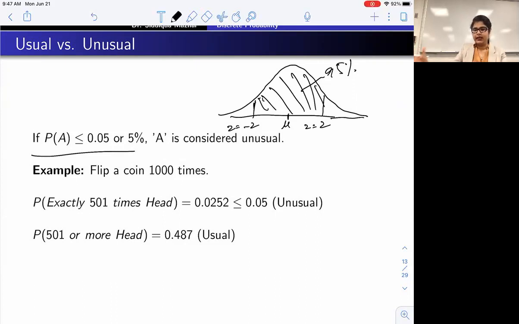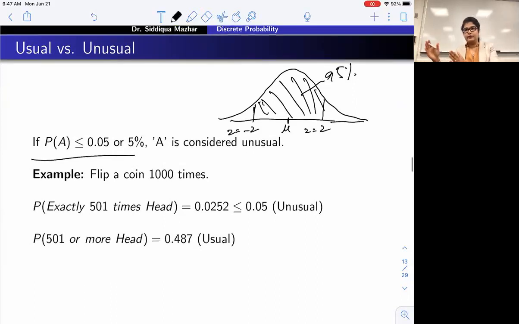We know any value that is out of two standard deviations away from the mean, like any value above two standard deviations away from the mean on the right, or any value below two standard deviations away from the mean on your left, will be considered unusual. So how much data will be covered in the rest of the part? Because 95% of data is covered in two standard deviations, how much data is left? 100 minus 95% gives you 5%.